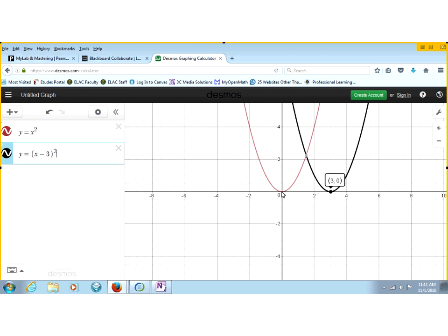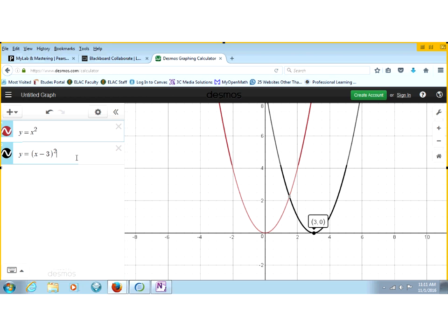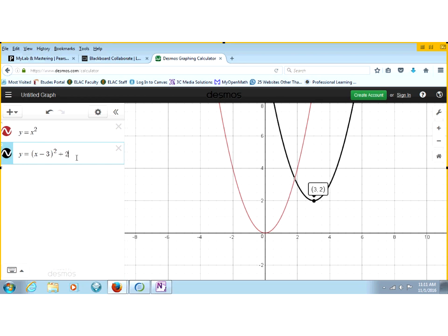And then what did you say, plus 2? So it's going to go up 2 units. I should bring this down so you can see. So this is (x minus 3) squared, shift right 3 units, but I'm going to shift up.